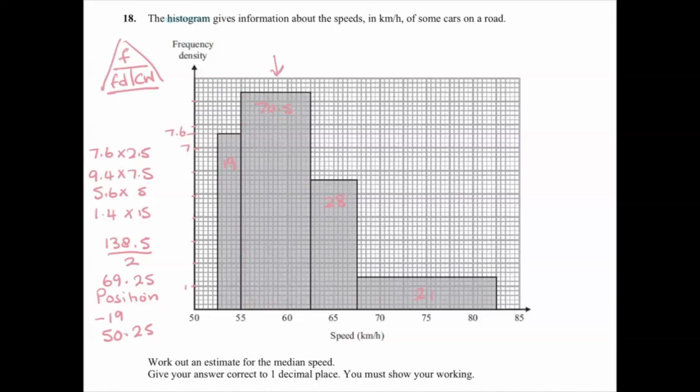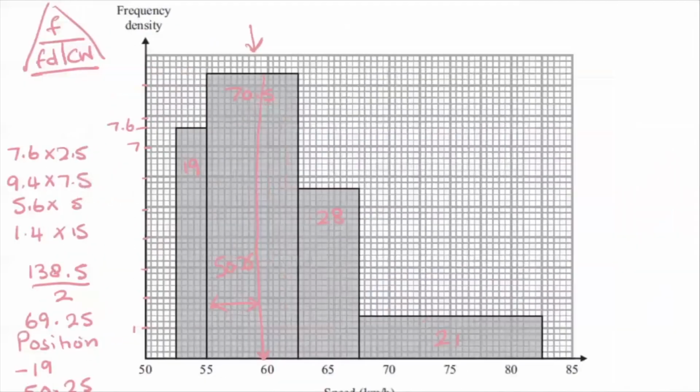What I want to do is multiply my 9.5 by something here that will give me the 50.25 that I'm looking for. And then this point here will be my median. Now, that's what we're working on. So I'll just get rid of all of that because that's just a bit of nonsense at the moment.